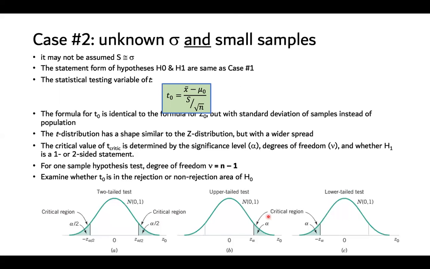Case number 2 is similar to the z-test, but then we use a t-test, because we have an unknown standard deviation or small samples. Remember, if we have quite small samples, less than 30, but we know the standard deviation of the population, we can still use the z-test.